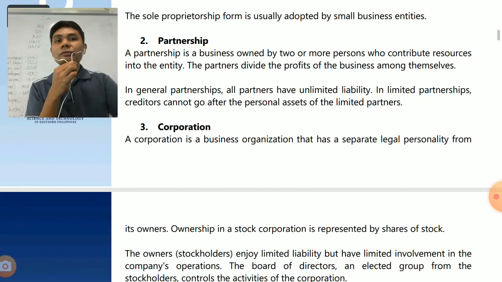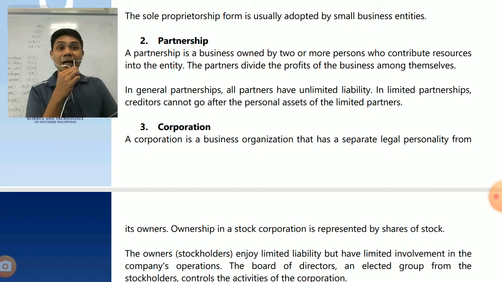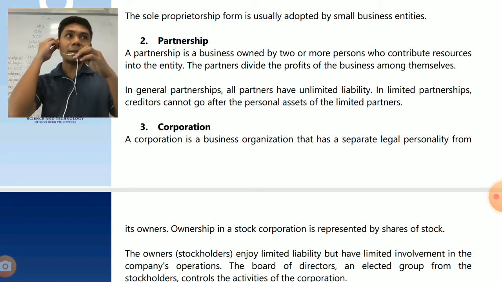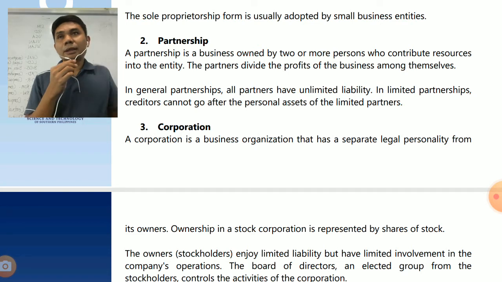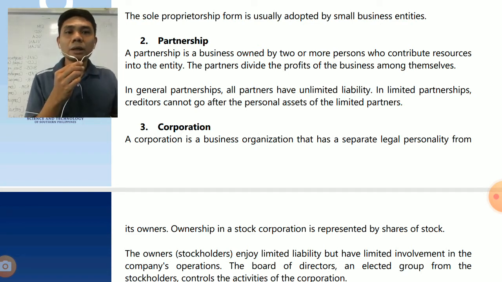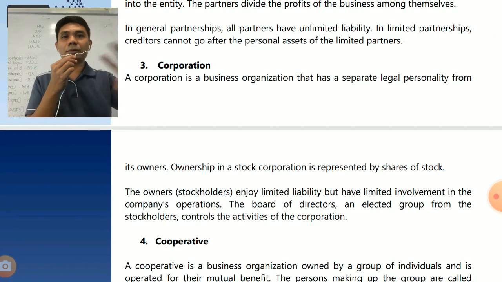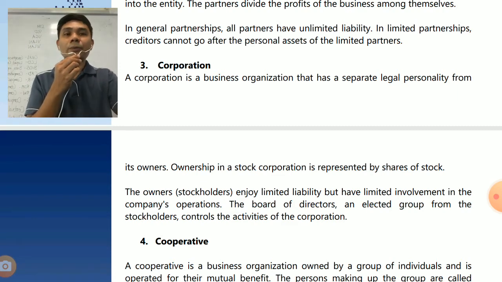Pero kung mag-issue siya og stocks to signify ownership of the business, then mag-create sila og what we call as incorporation. Mag-form mo og corporation, then the business or the corporation will issue stocks to people that represents ownership of the business, then that is what we call as the corporation.